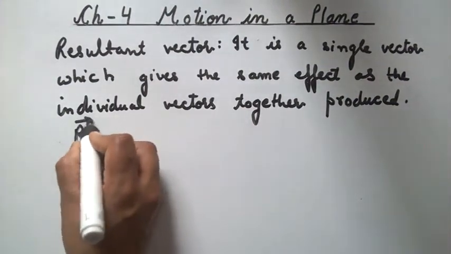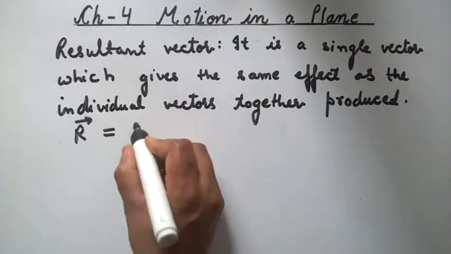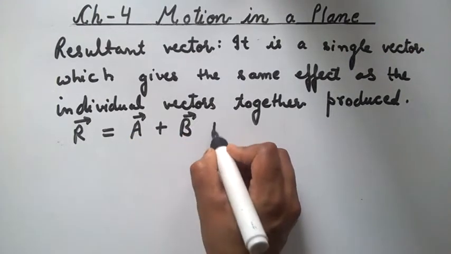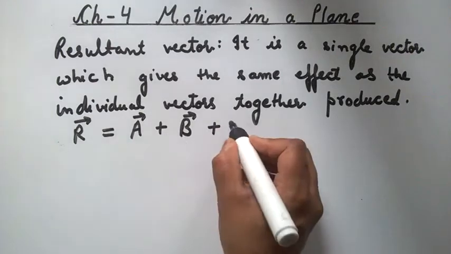That is, R is the resultant of addition of two or more vectors, or subtraction of two or more vectors.